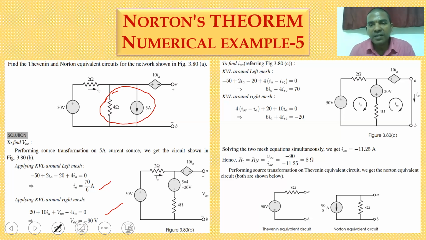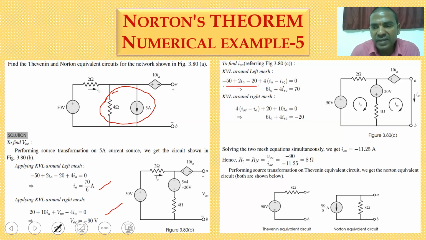Coming to the second condition, for finding the RTH, I am short circuiting the terminals A and B. So the short circuit current is ISC. I am taking the loop currents IA and ISC. Now the left loop: minus 50 plus 2 times IA minus 20 plus 4 times (IA minus ISC) is equal to 0.